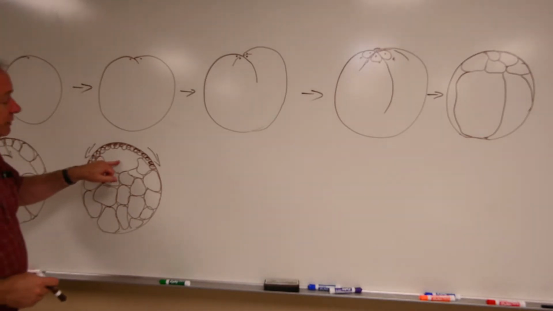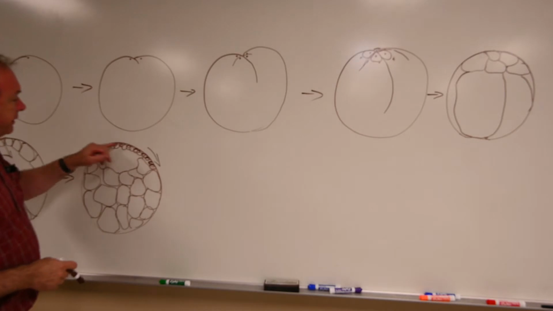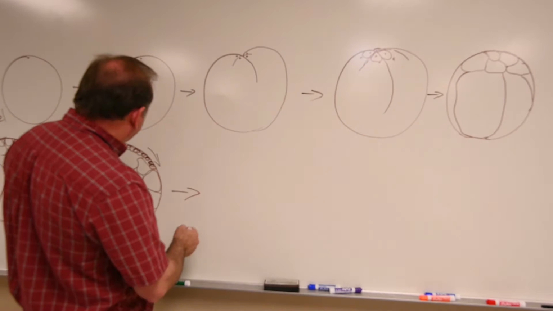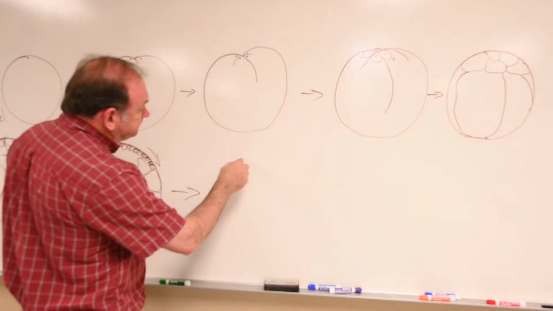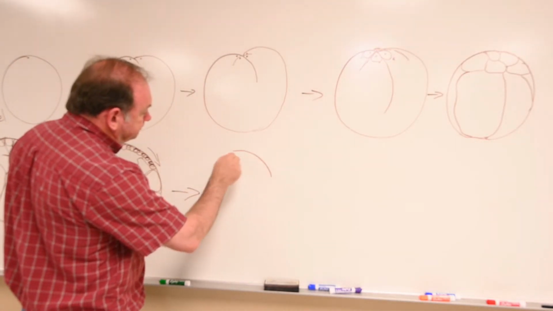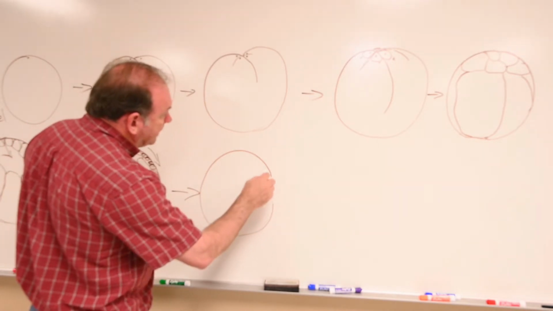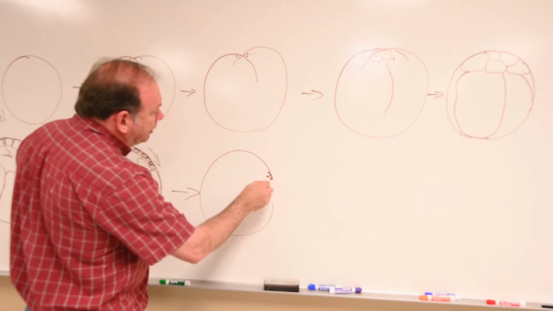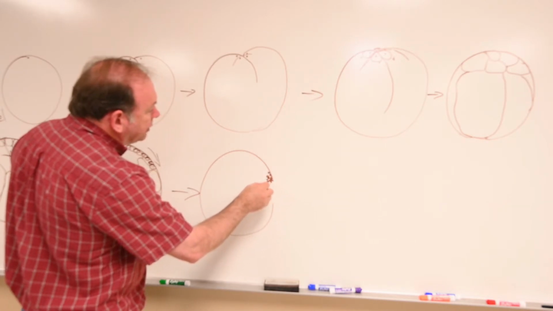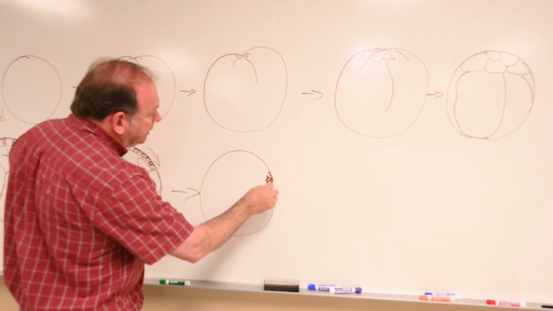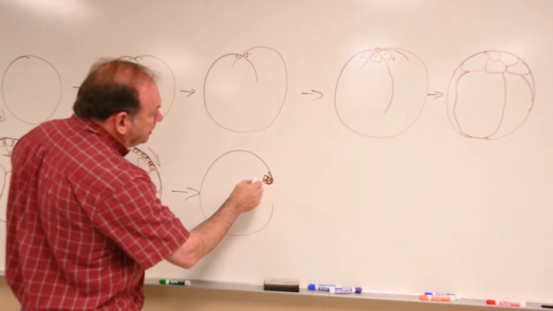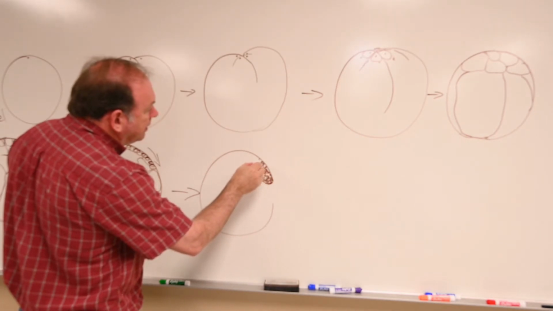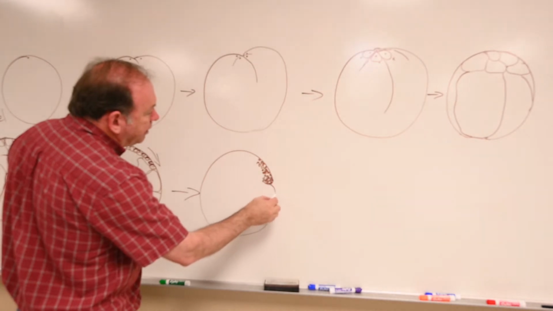So here's still a blastocoel cavity, yolk cells, animal pole cells up here. So the next thing we see is that these rapidly dividing cells from the animal pole start to undergo an infolding at one point along the margin of the embryo.